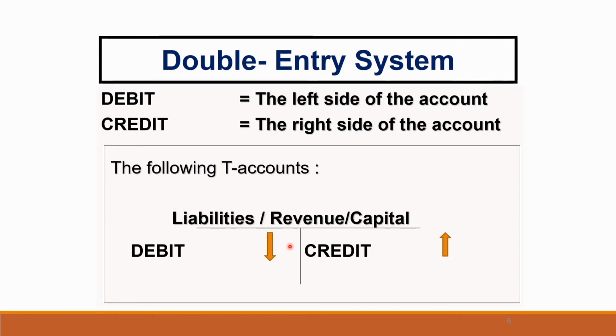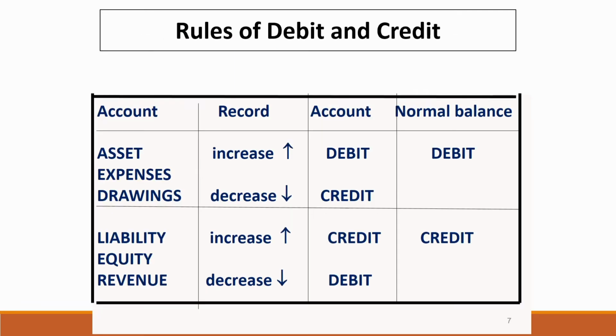For liabilities, revenue, and capital, when there is an increase in the liabilities, revenue, and capital, we must record in the credit side. And when there is a decrease in liabilities, revenue, and capital, we must record in the debit side. These are the rules of debit and credit, or sometimes we call them the rules of the double entry system.